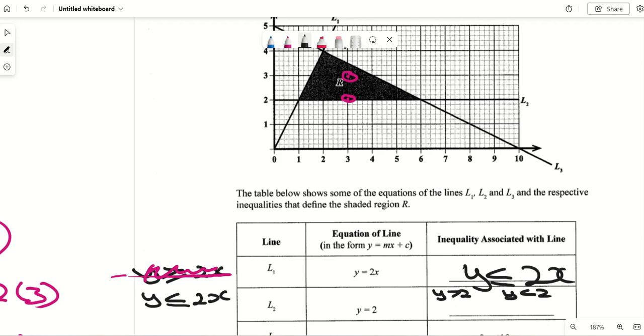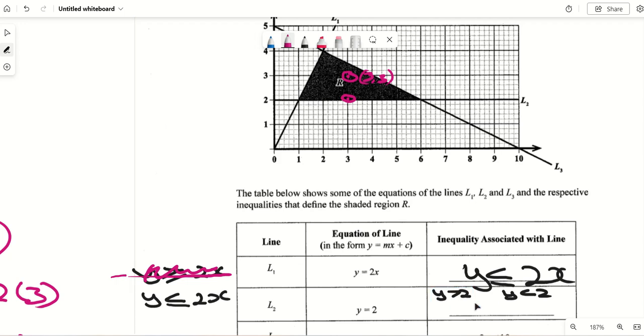So we're going to use the coordinates 3, 3, and you put it in this equation where we know our y is 3. So as we were saying, when y was 3, which inequality does it satisfy?